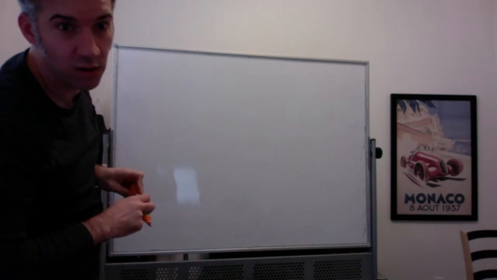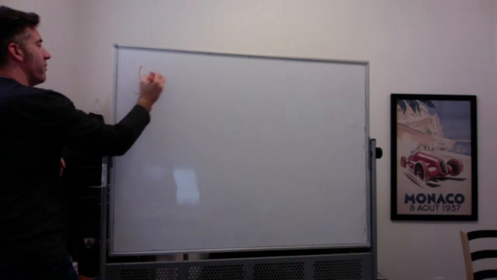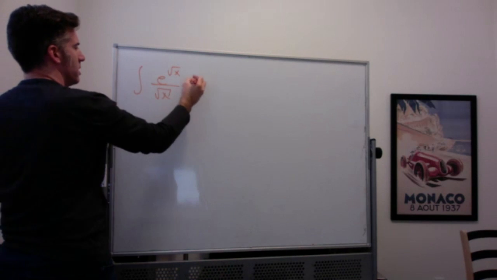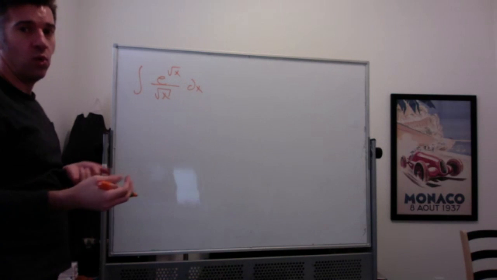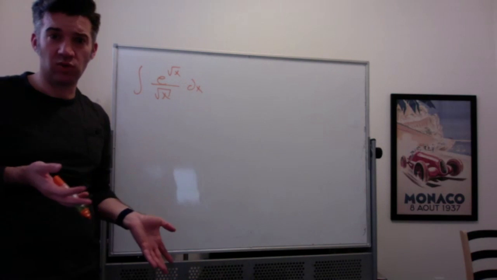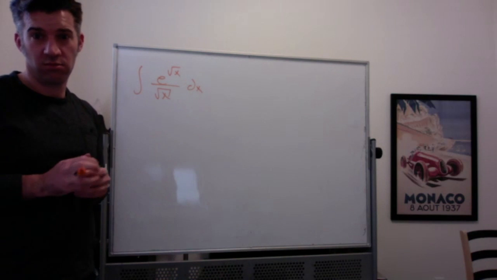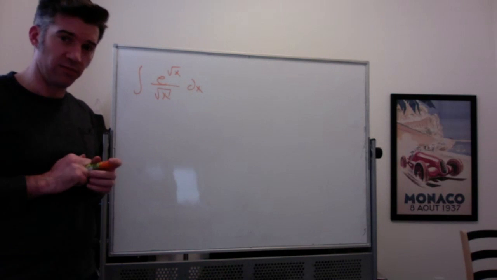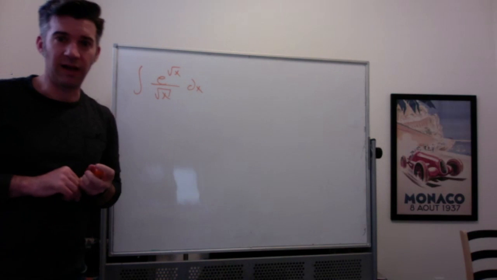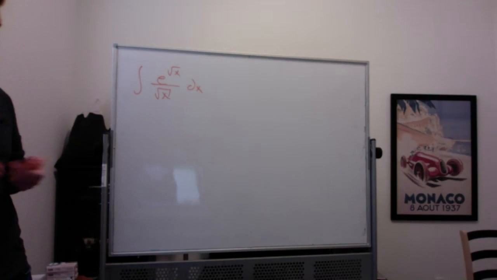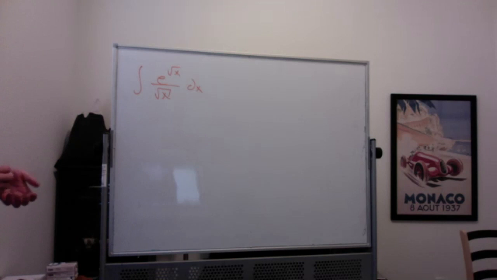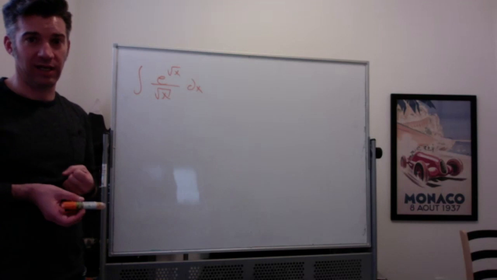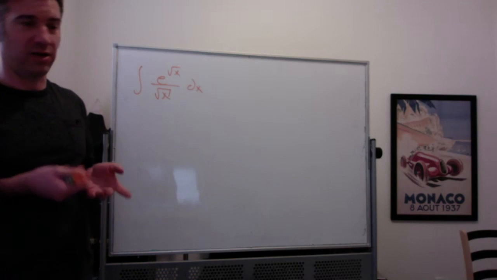Integral of e to the root x over root x dx. What do you think I might choose for my u? There is probably more than one possible choice here. I'm typically trying to pick a thing that isn't super complicated, because I want its derivative to be not terrible.